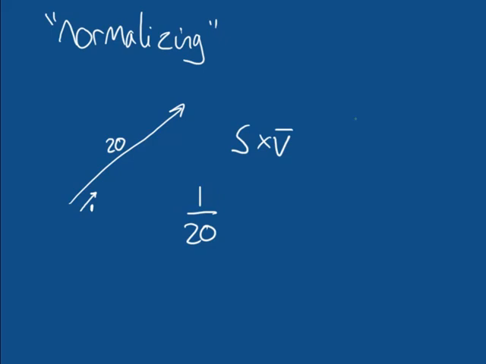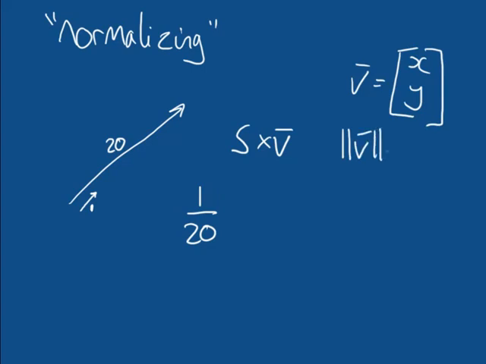So if we had a vector v that was equal to (x, y), and if the length of v was equal to 20, then we'd want to scale v by 1/20th. We'd want to shrink it down to 1/20th of the original length, because its original length is 20, and that would give us a length of 1.